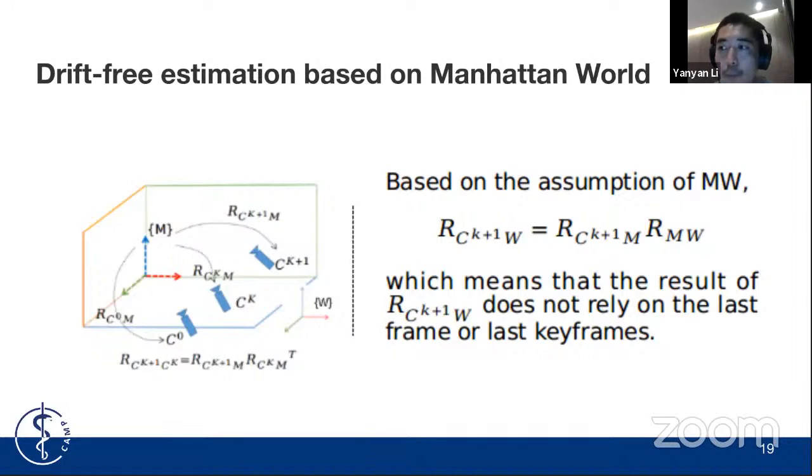This is a very important reason that leads to drift. But for the Manhattan world, you don't need to worry about that. Since this is a kind of assumption, it has some limitations. But maybe we can check the inside first, and then talk about the limitations.